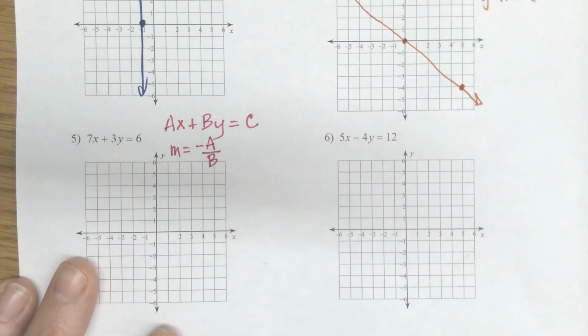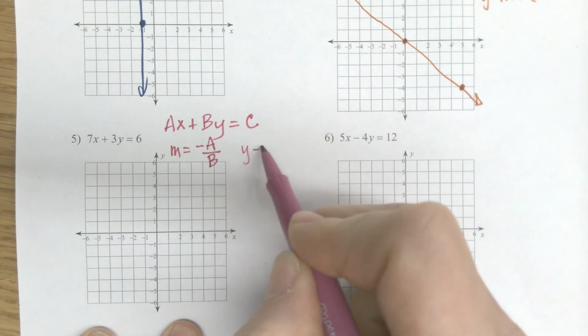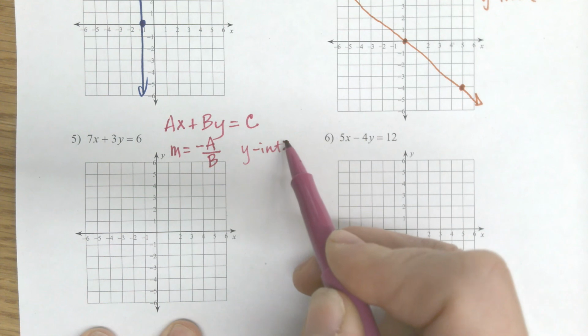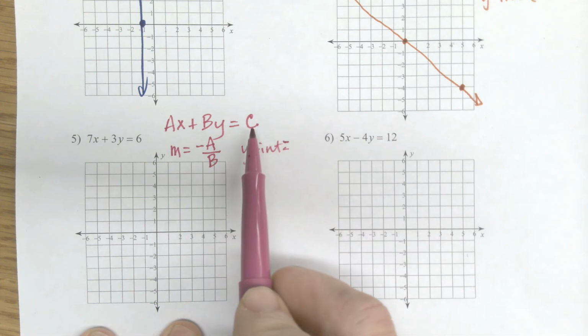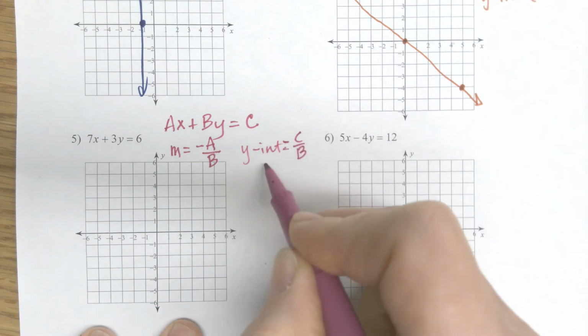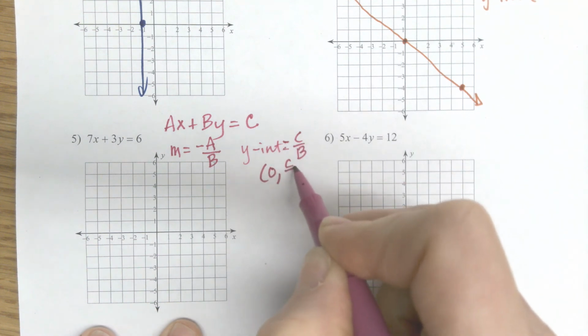Do you guys kind of remember doing that a little bit? And my y-intercept uses two of the letters as well. My y-intercept is c over b. And so when I write the y-intercept, it'll be the point 0, comma, c over b.